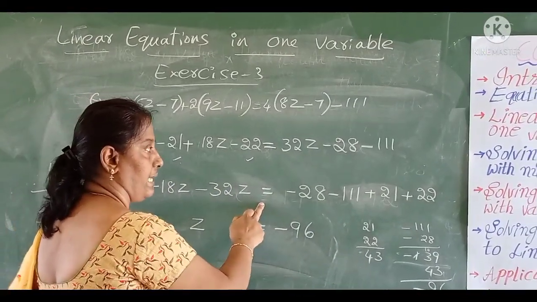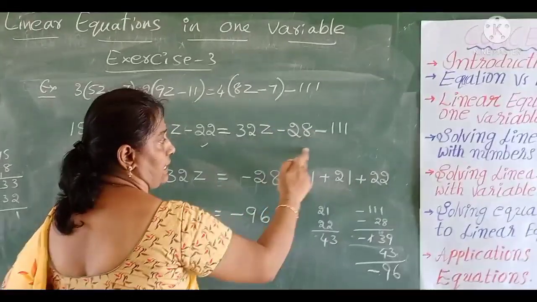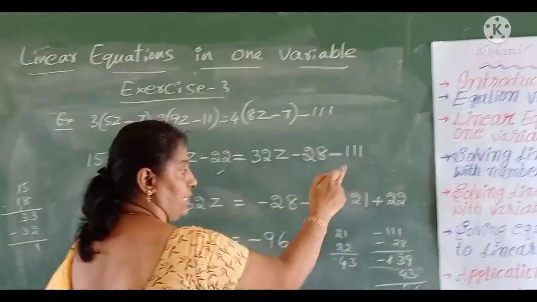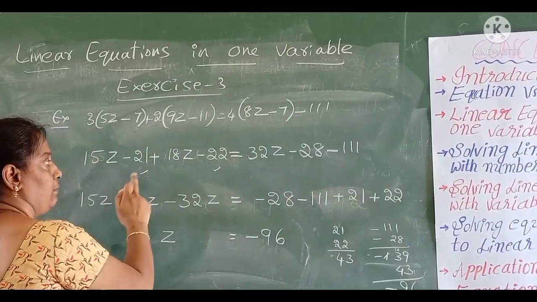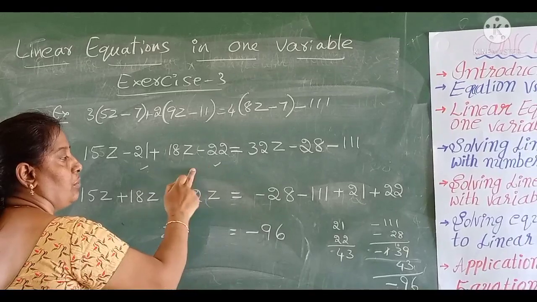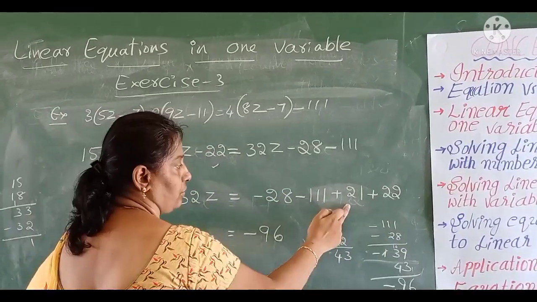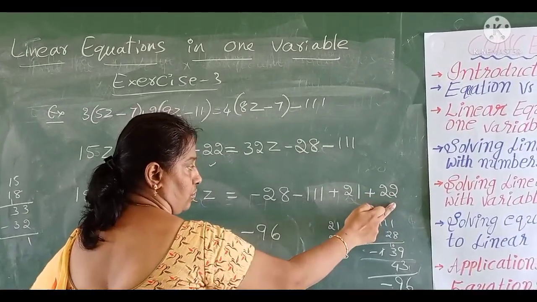Is equal to, on the right side already minus 28 and minus 111 are there. What are the numbers on the left hand side? Minus 21 and minus 22. Moving to the right side, they will become positive 21 and positive 22.